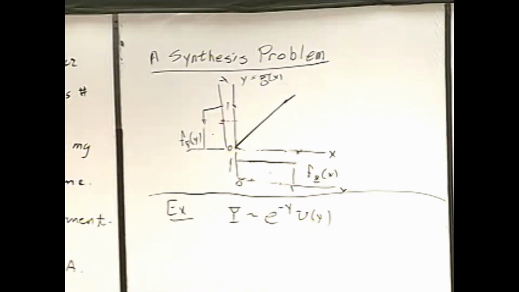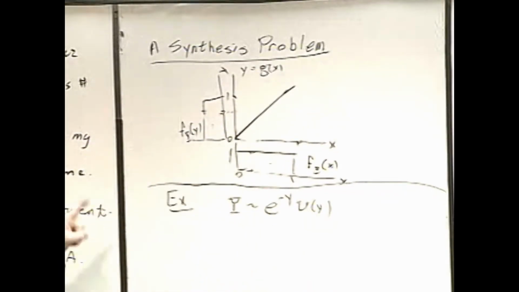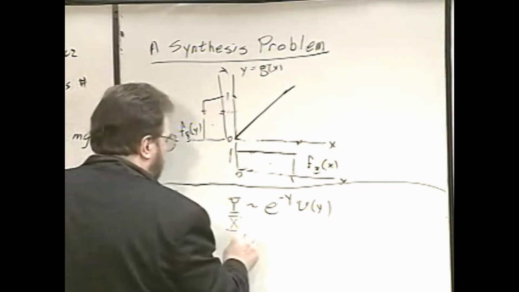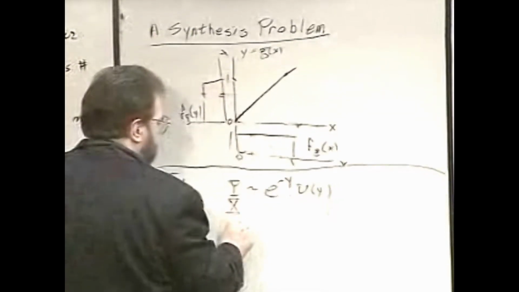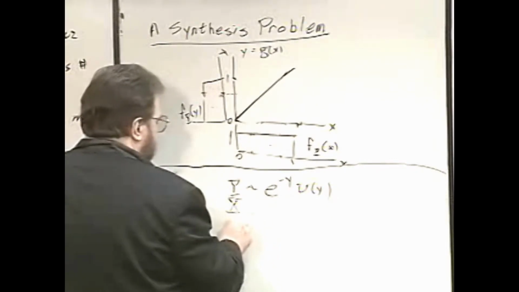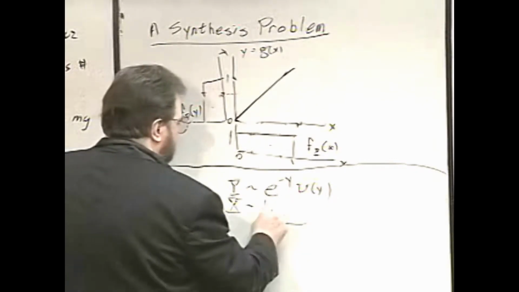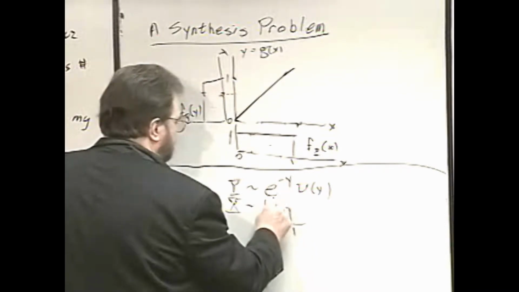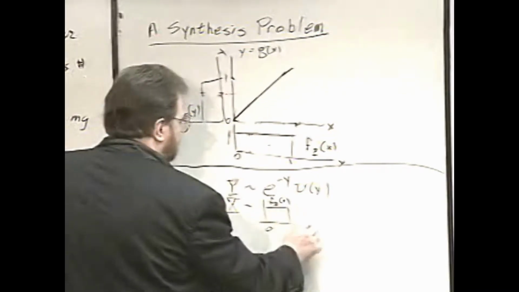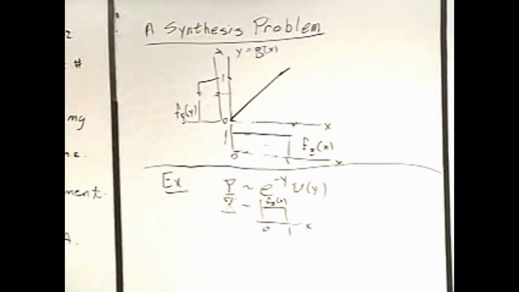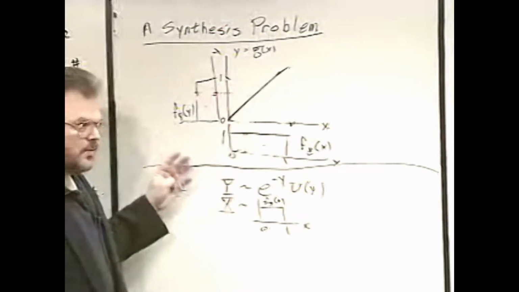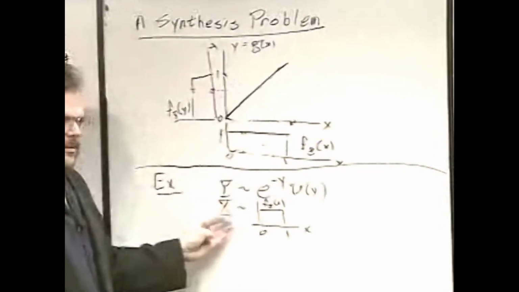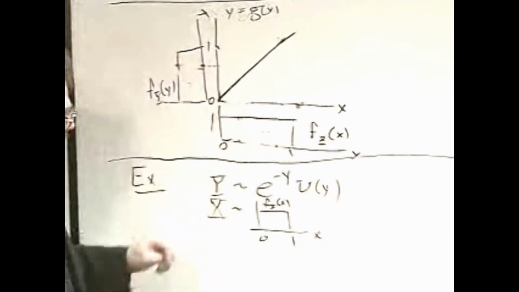And I wanted to generate a random variable which had this density function, but all that I had available to me in MATLAB was an x. So x is uniform. What transformation do I do on this uniform random variable in order to give it this density function?